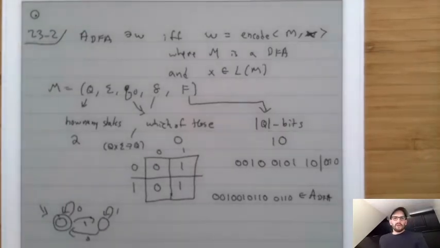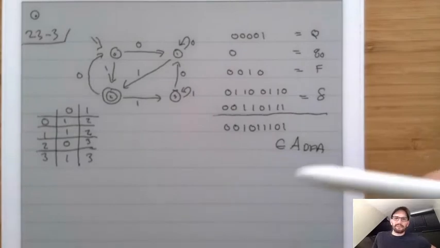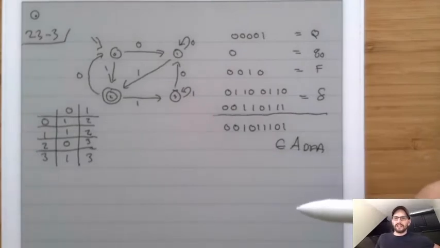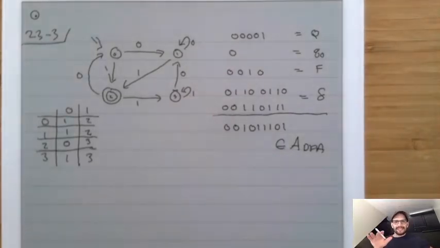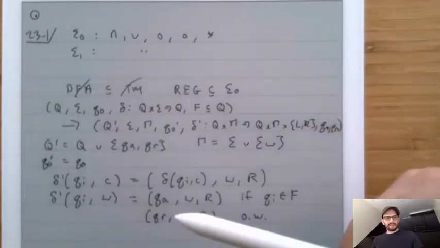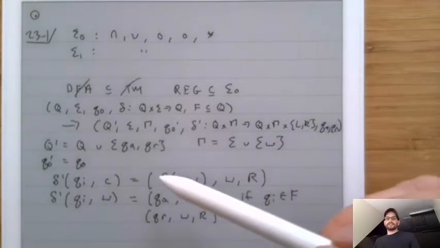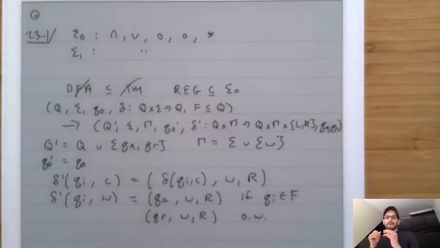Okay? So how could we make this machine right here, this A_DFA machine? It's a machine that you send it in, and it will determine if the DFA that you gave it accepts the given input. Essentially, this thing that I showed right here, where we can take a DFA and convert it into a Turing machine, is like a compiler.